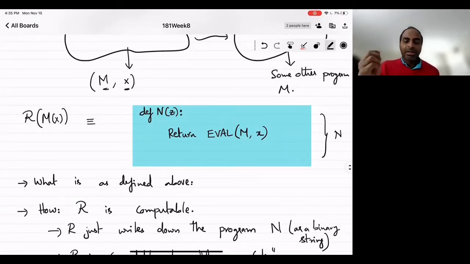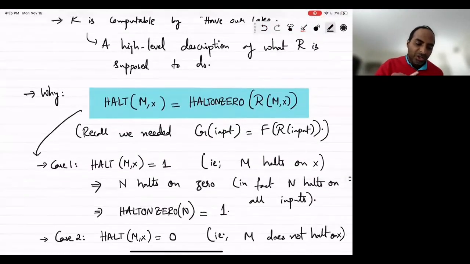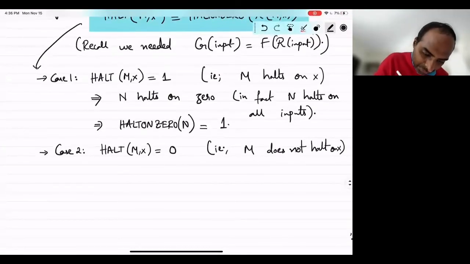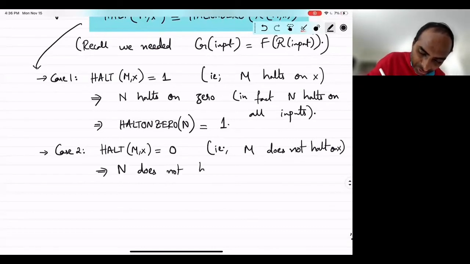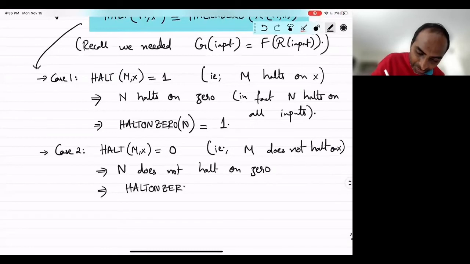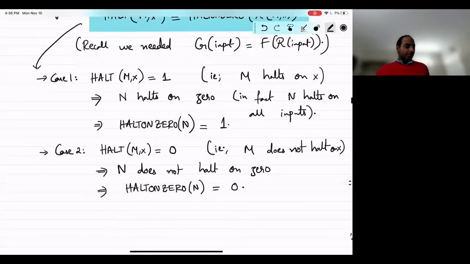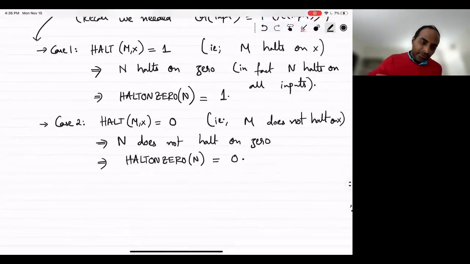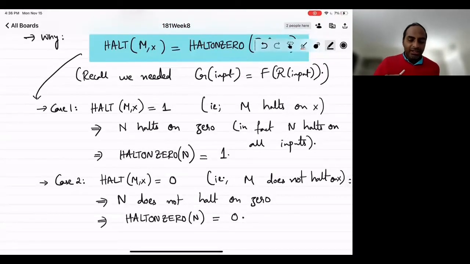It's completely ignoring its own input and just running M. So this implies N does not halt on 0. Therefore, halt on 0 of N equals 0. Okay. So that means we have the equality as desired.